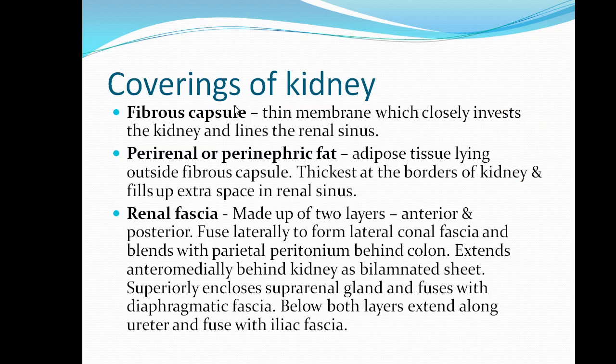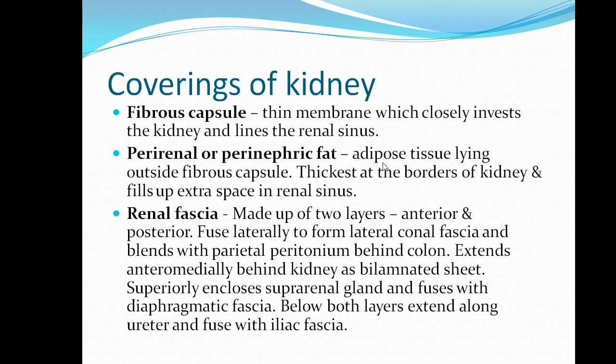Coverings of the kidney. The coverings of the kidney consist of the fibrous capsule. This is a thin membrane which closely invests the kidney and lines the renal sinus. The second covering that lies outside the fibrous capsule is the perirenal or perinephric fat.